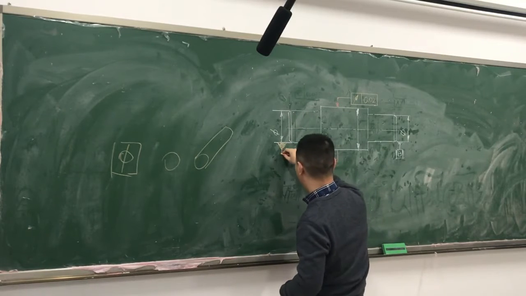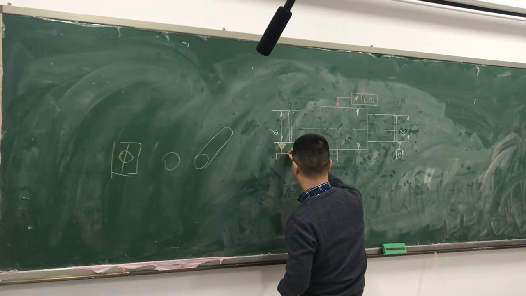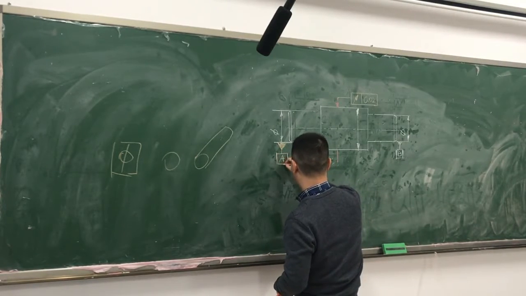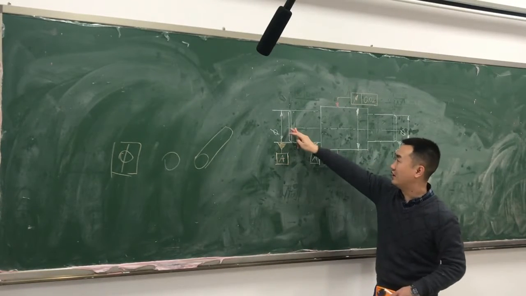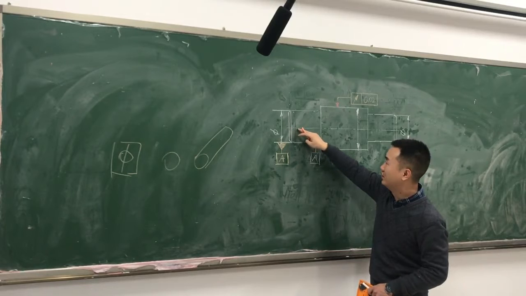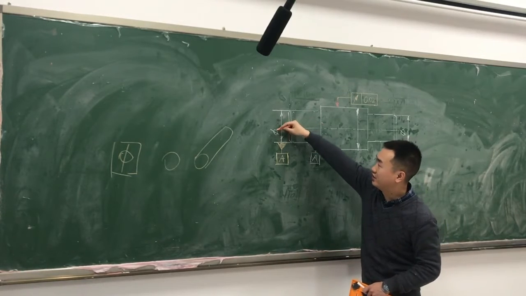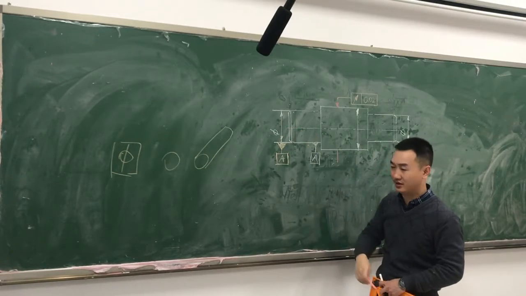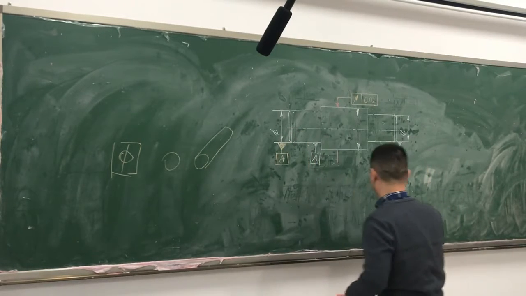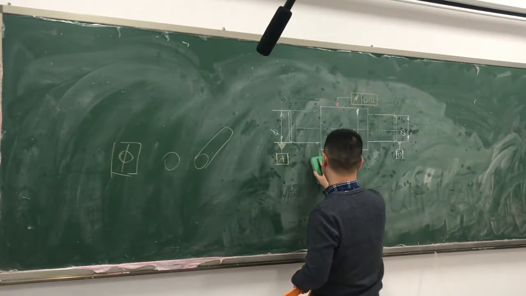So this will indicate that the datum is the center feature of this dimension. That also means that it is the axis of the cylinder. So this is the correction you should make.